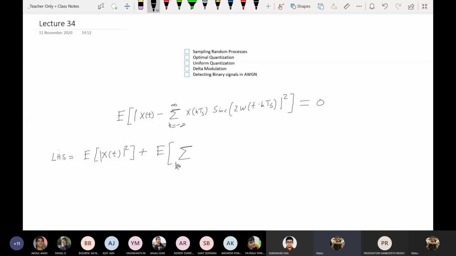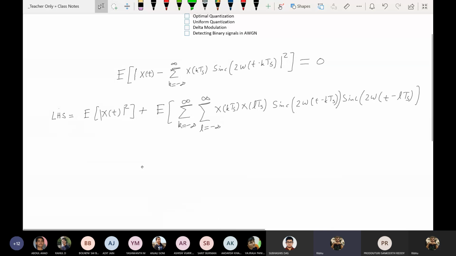Summation k from minus infinity to infinity, summation l from minus infinity to infinity, X(kTs) X(lTs) sinc(2Wt minus kTs) sinc(2Wt minus lTs). Fine.